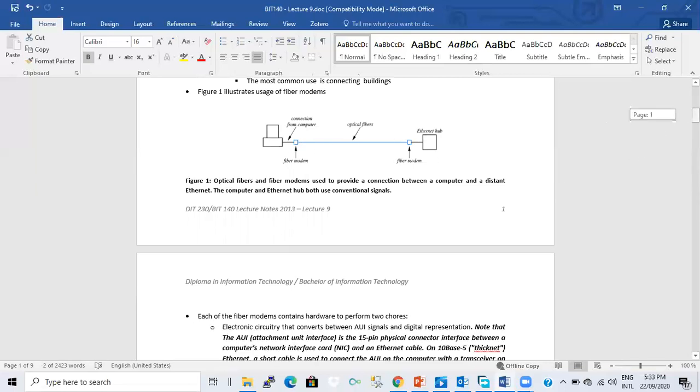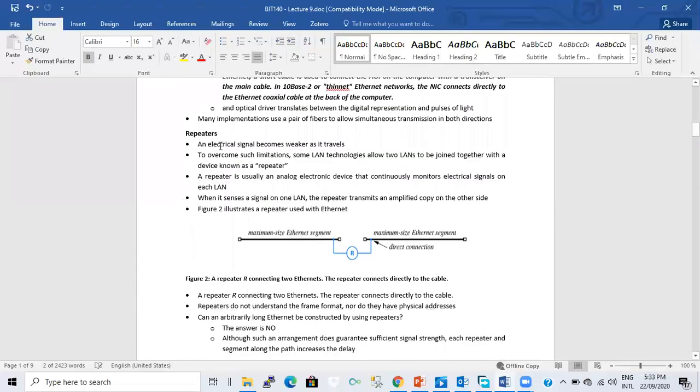Now we are going to look at how you can extend a local area network by using what are called repeaters. An electrical signal becomes weak as it travels. We've looked at this. So to overcome such limitations, some local area network technologies allow two local area networks to be joined together with a device known as a repeater.